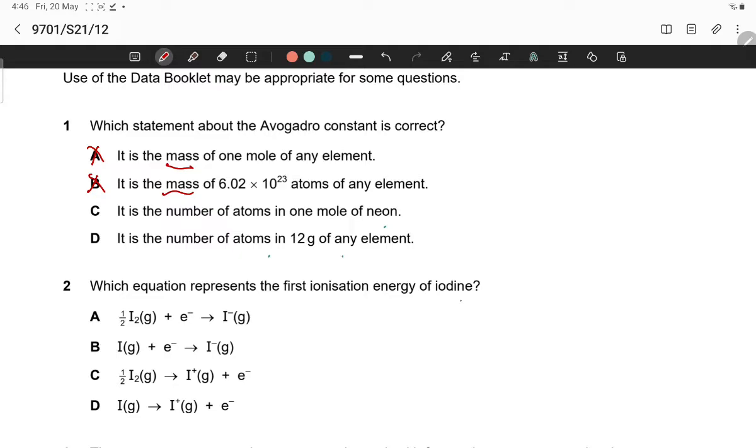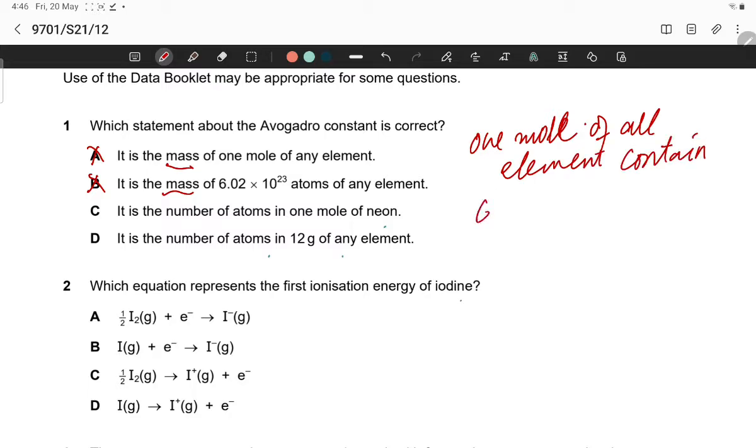Avogadro constant is that 1 mole of all elements contain 6.02 into 10 raised by 23 number of particles. Not mass, it is the number of particles.